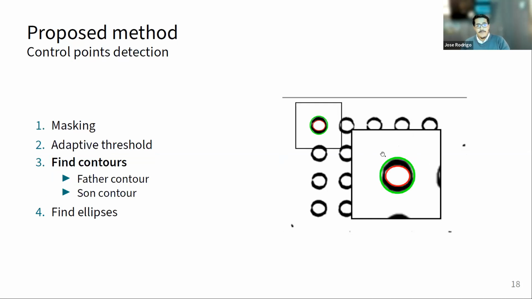Then we are going to perform the function find contours, so we can define each ellipse in our pattern. We can see here that we perform a hierarchy of ellipses, where we have in red the son contour and in green the father contour that we are gonna need to identify the valid control points.